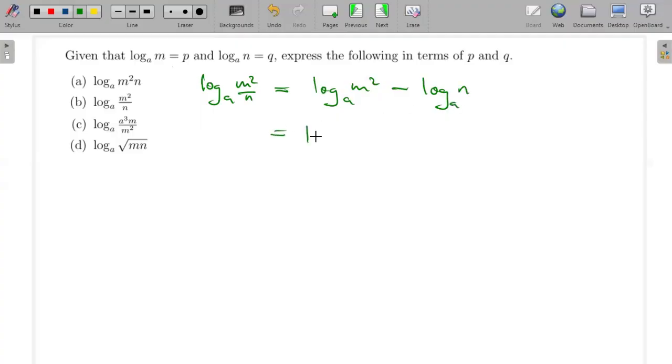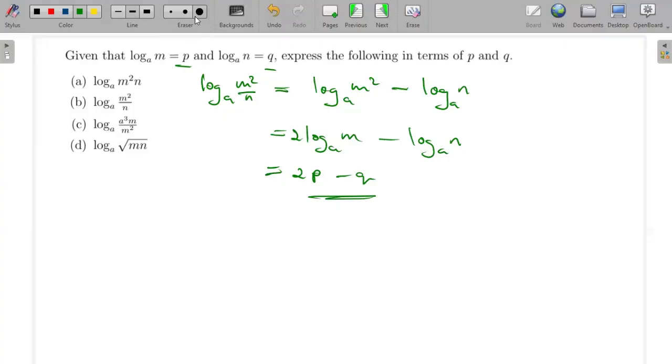And this here is going to be log, so the 2 comes there, and then a of m there, minus log a of n. And this is going to be 2. So here where there's log a of m, you just put p there. So that is going to be p, and then minus where there's log a of n, that is q. So you have q there. And just like that, we have found our answer.